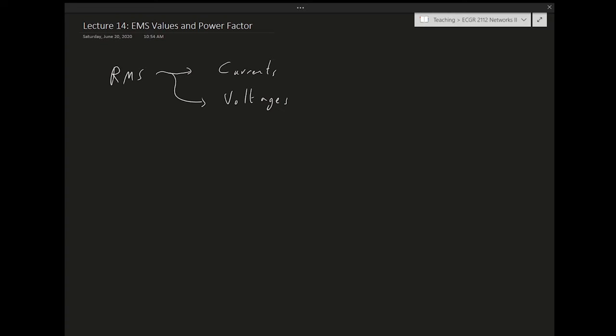So the idea is that for general circuits, we discovered that the capacitor does not consume any average power. P average for a capacitor is zero. For an inductor, P average is zero.